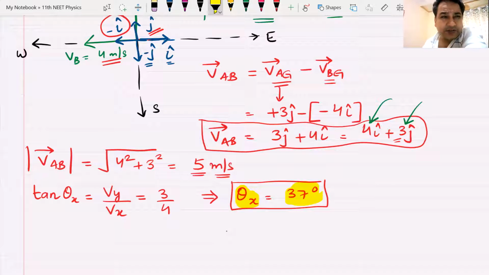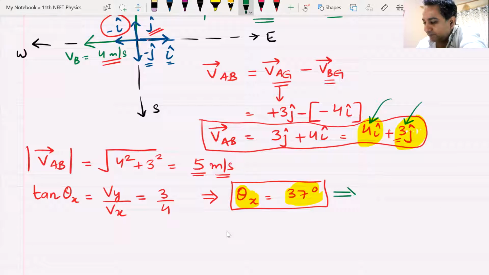Tan of 37 degrees is 3 by 4. So if tan theta is 3 by 4, theta must be 37 degrees. In which quadrant is this 37 degrees coming? You can see x is positive and y is also positive. So which quadrant, Niharika? Tanu, Tarun, which quadrant is this coming? This would come in the first quadrant.